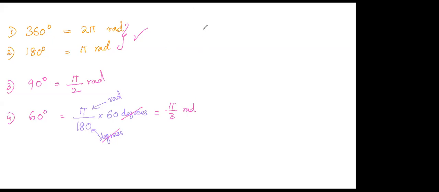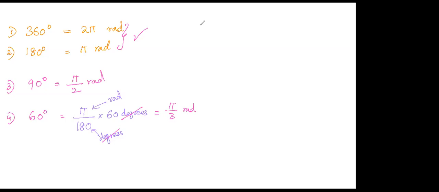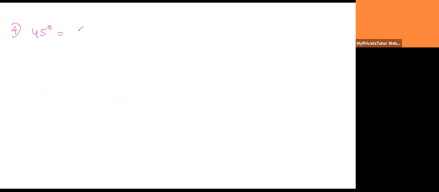Okay, can you please try one question? Let's move to the next page. What is 45 degrees? Please convert this into radians. Just write pi, because radians is represented in pi.